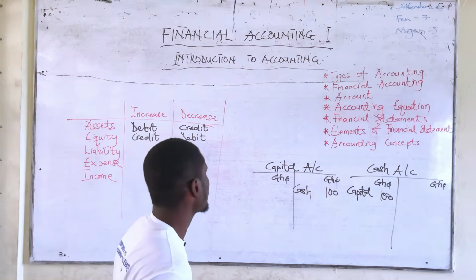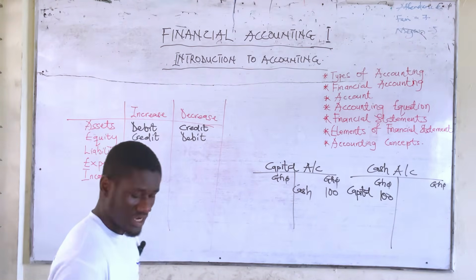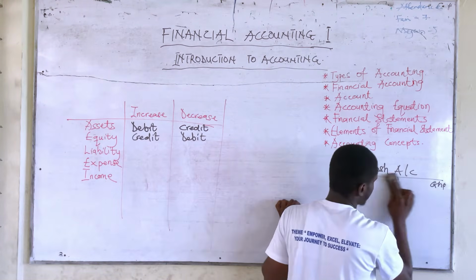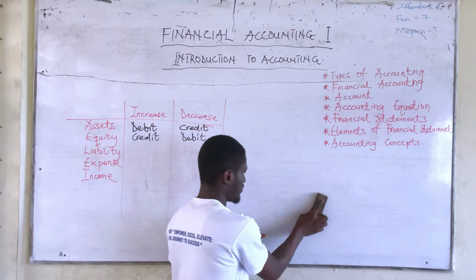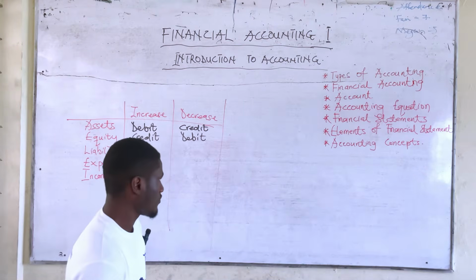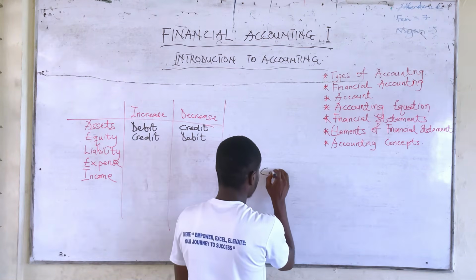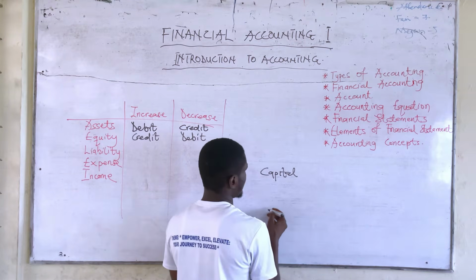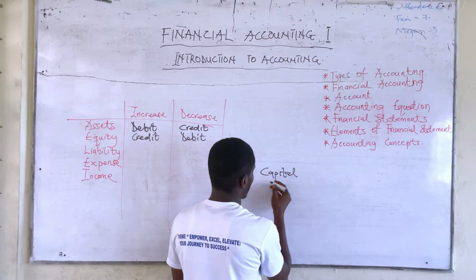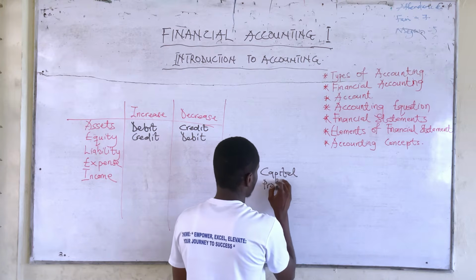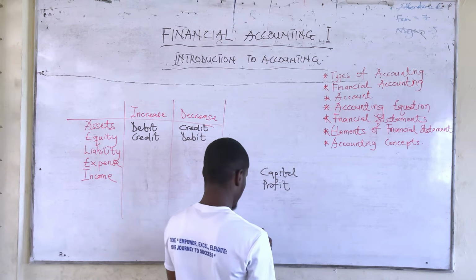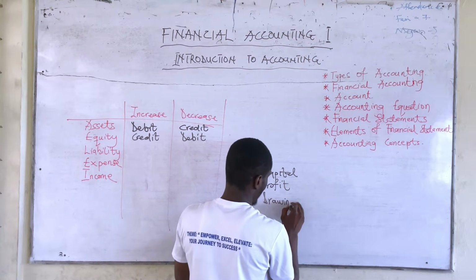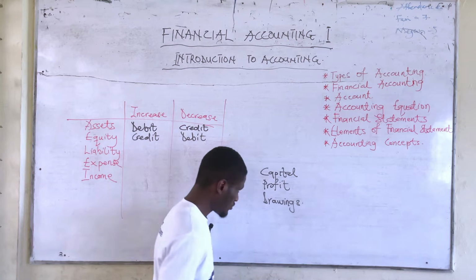Good. So with capital, we have to know that there are some items that affect capital. The typical items that affect capital are profit and drawings.